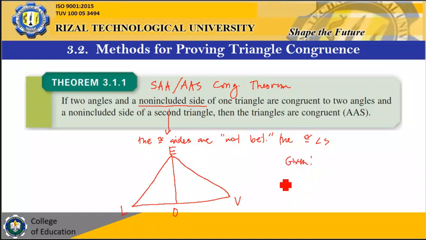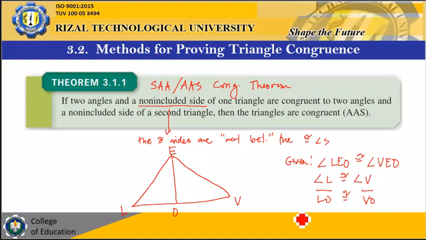According to the hypothesis, we are given two angles and a non-included side, so let's say that angle LEO is congruent to angle VEO. Also, angle L is congruent to angle V, and segment LO is congruent to segment VO. So that is according to the hypothesis of this theorem.